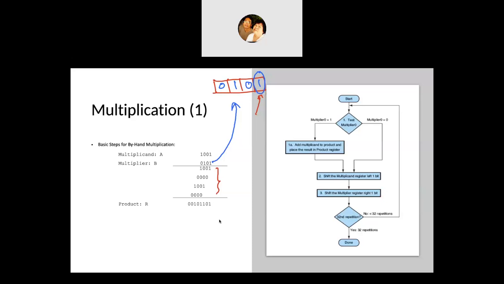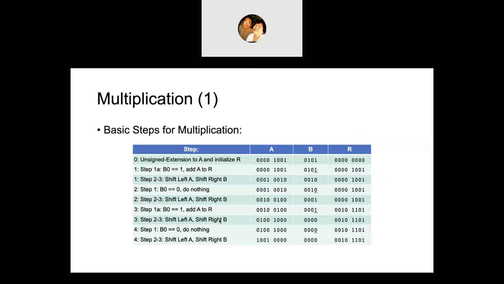And then we repeat this cycle again and again until we finish. In case of 32 bits, we repeat it 32 times. In case of 8 bits, we do this loop 8 times. Okay, this example is quite a basic one.